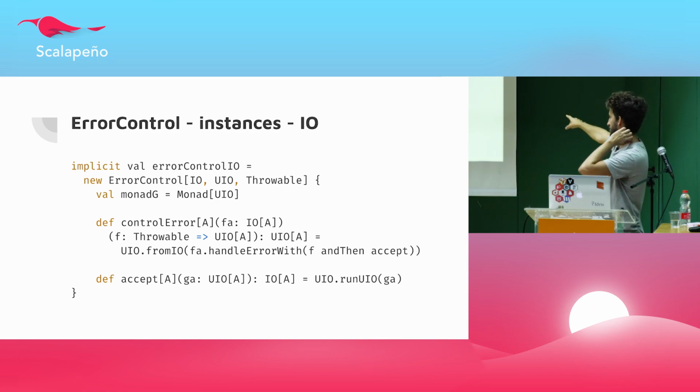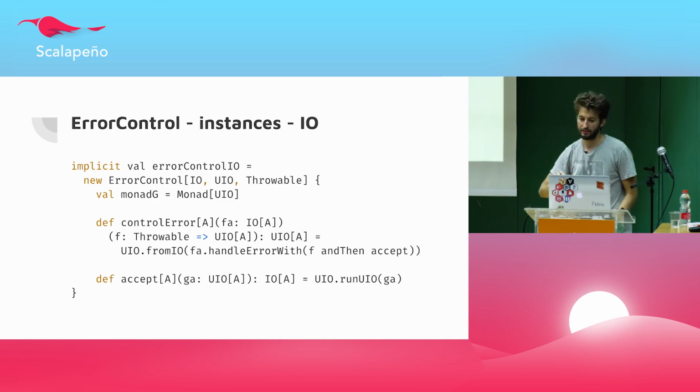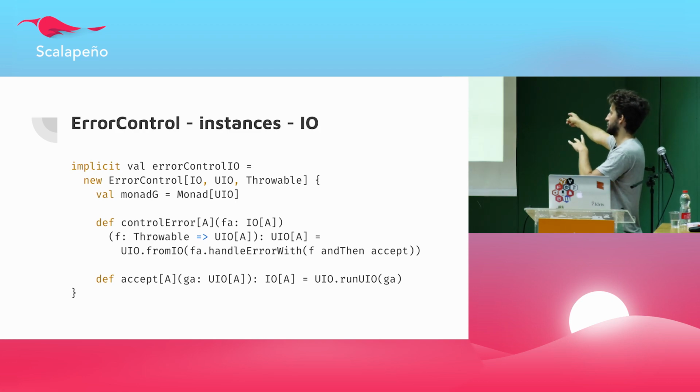We use the handleErrorWith function on the IO directly, and that's why this whole thing ends up being safe, right? So UIO.fromIO is kind of an unsafe function, but because we use this handleError right here, it actually becomes fairly safe. And then accepting a UIO into IO is just calling this runUIO function, and then it just works out.